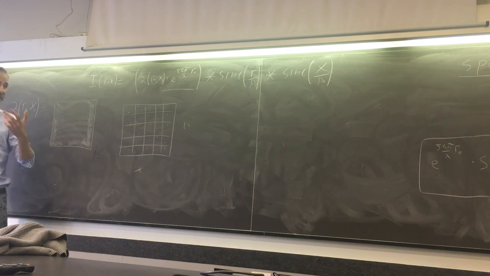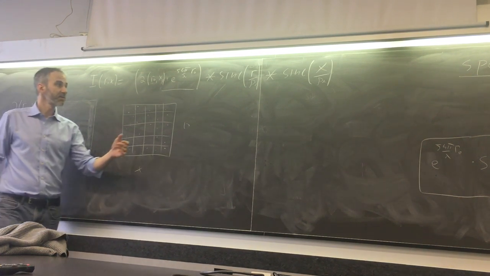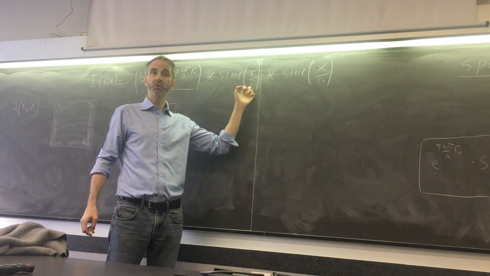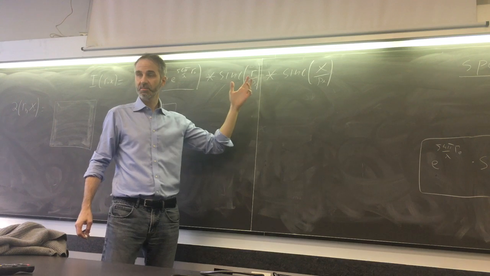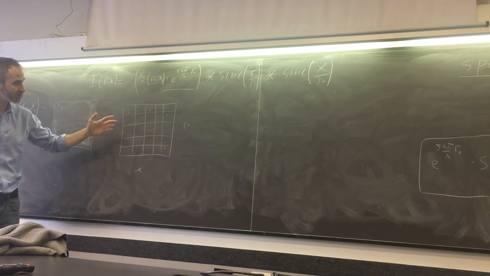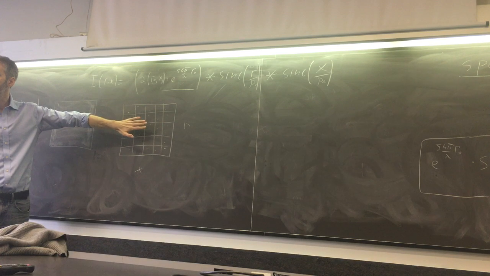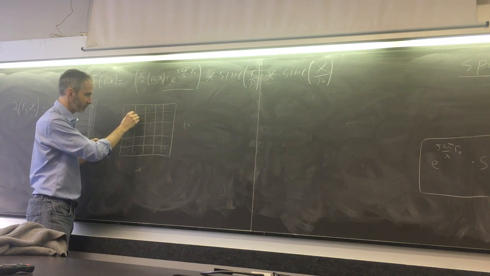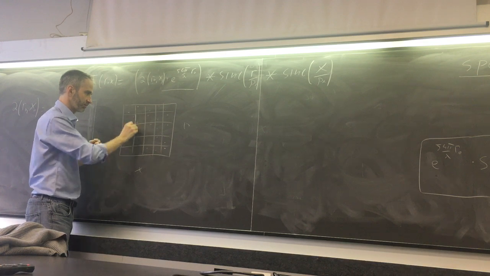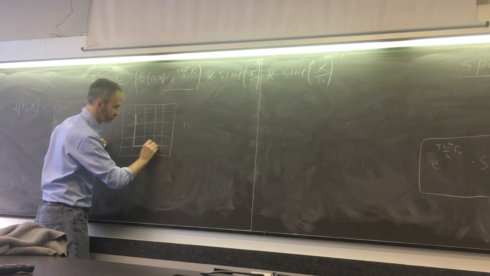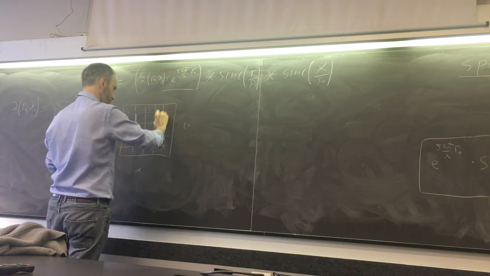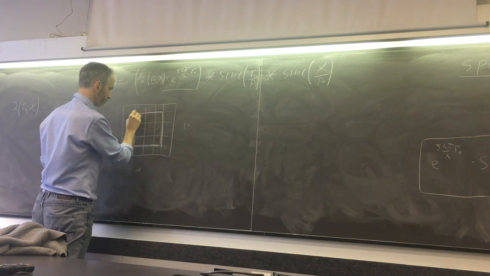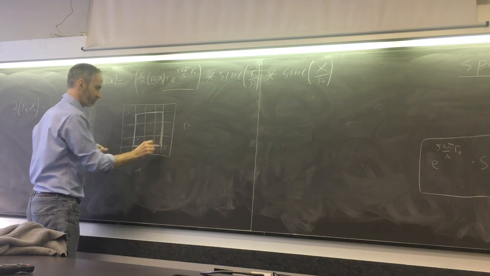Okay, and then the ingredient number 2, assume that the resolution of your SAR system is as large as many of these pixels. So let's say that your range and azimuth resolution is this one. Okay.